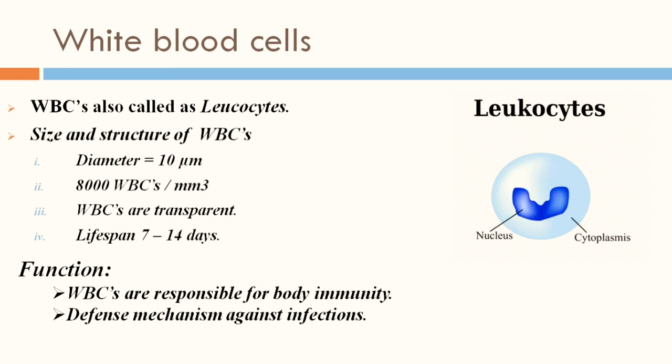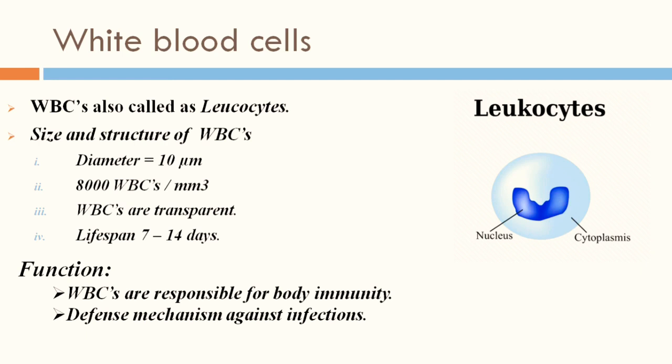Neutrophils ingest bacteria and lymphocytes are concerned with immunological response. The number and proportion of these types of leukocytes may vary widely in response to various disease conditions. For this reason, it is important to know the total leukocyte count.